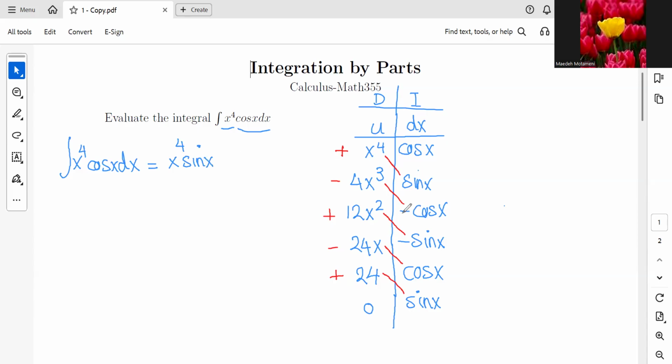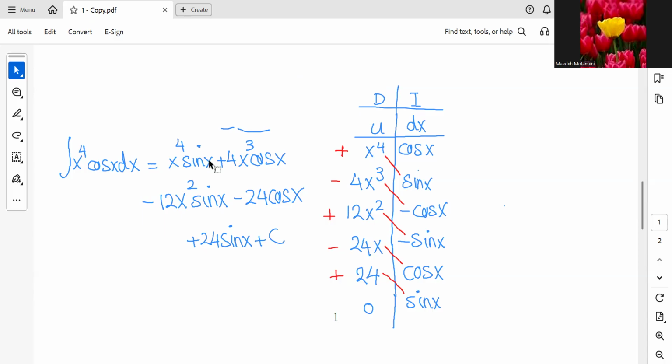This one will be positive because we have two negatives, so plus 4x cubed cosine of x. The next one is negative 12x squared sine of x, minus 24 cosine of x, plus 24 sine of x. And as usual, we would put plus c at the end.